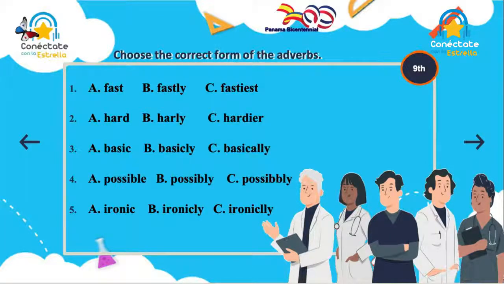So for example, number 1, letter A, fast, letter B, fastly, and letter C, fatties. Probably if you already handle vocabulary, you are going to say, okay, this word doesn't exist, and this word doesn't exist. But if you were reviewing and practicing or learning the rules, we already mentioned 2 classes ago that there are some irregular words that do not change.